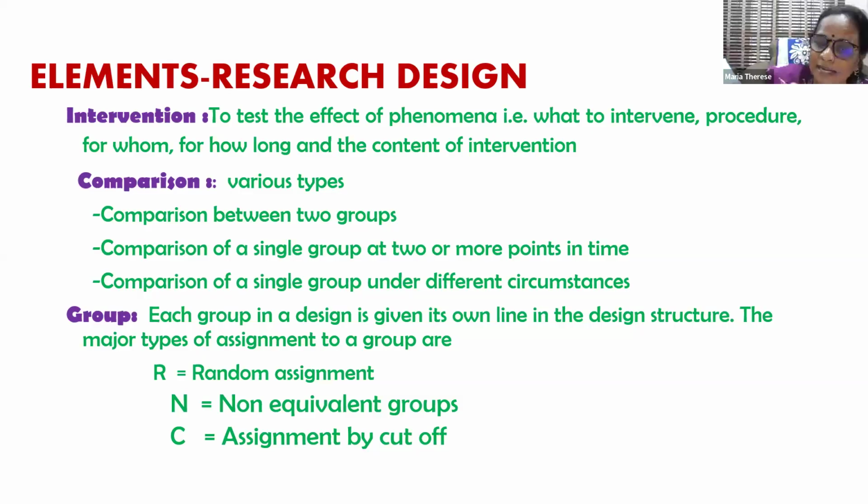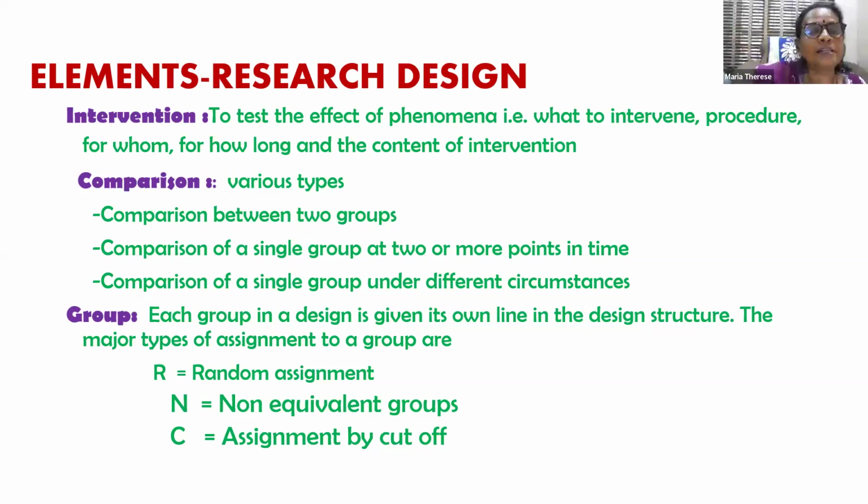And also group: each group in a design is given its own line in a research design. Whether you have random assignment, non-equivalent groups, or assignment by cutoff, these things have to be considered before you confirm the research design for your research study.